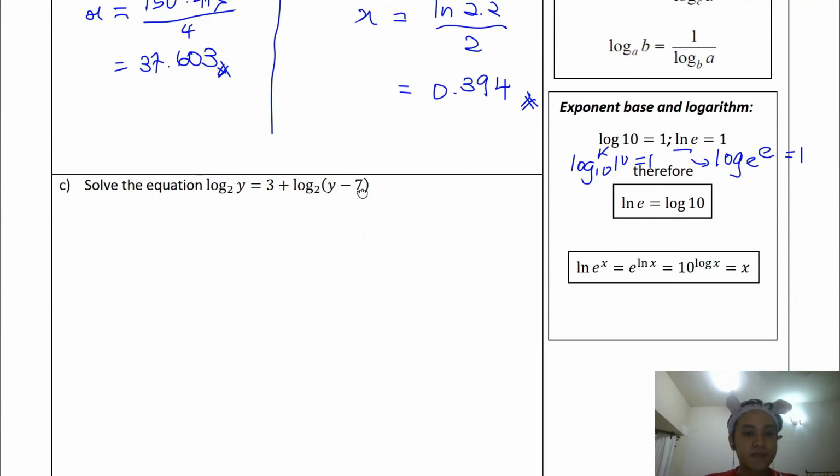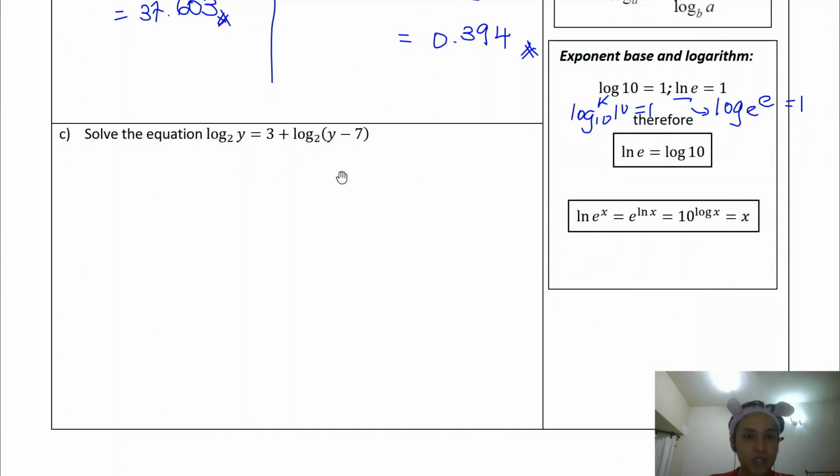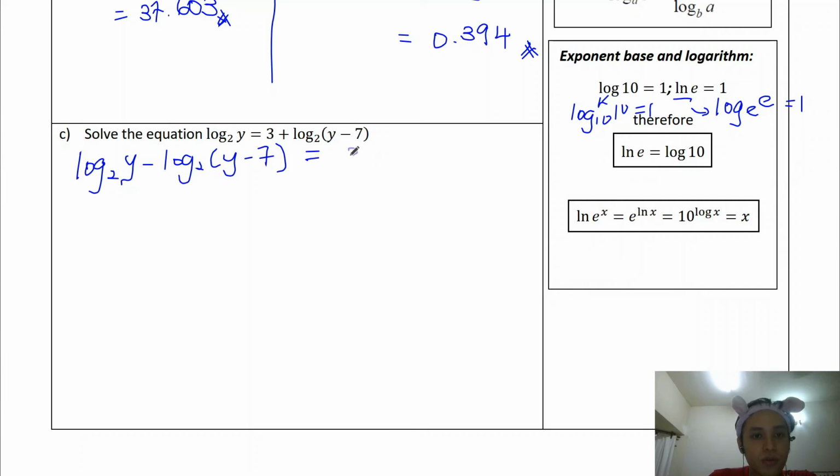Okay, the final one, solve the equation. This does not involve the exponent base, it's just like a revision. Alright, remember, same base number, same logs, you put at the same side. Log 2 y minus log 2 (y minus 7) equals 3.